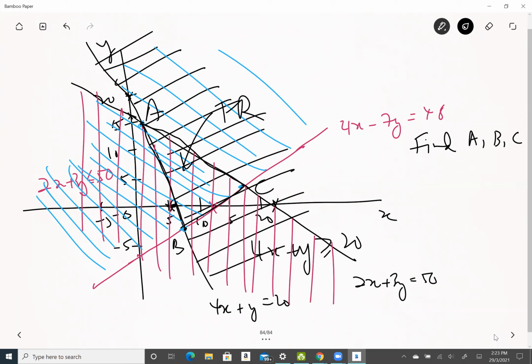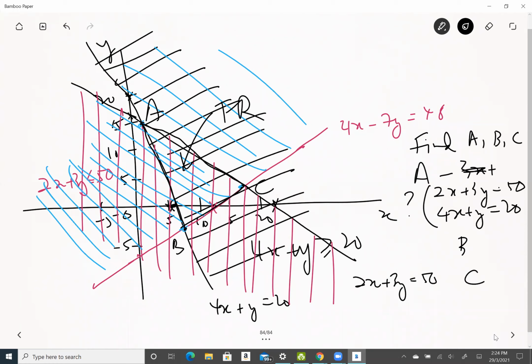If you look at A, for example, it's the intersection between 2x plus 3y equals 50 and that line, which is 4x plus y equals 20. So using the system, you find it. B, C. Anybody who has found the points, just tell me now.